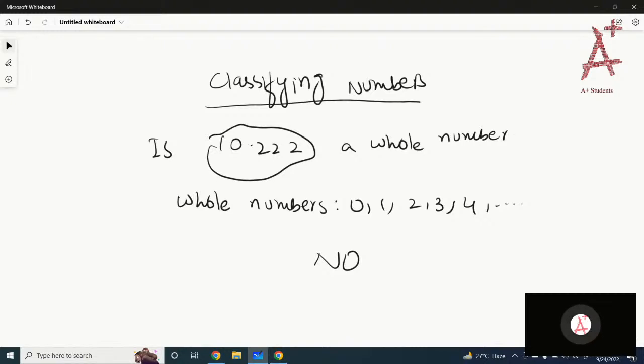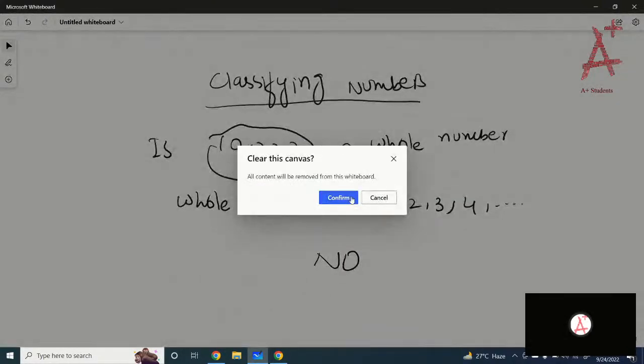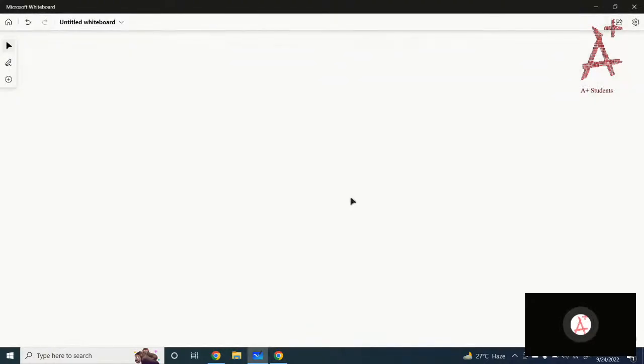Okay, then you have the natural numbers. So the natural numbers are also the counting numbers, but 0 is not a natural number. You don't have 0 in the natural numbers. Got it? So the next one is: is 1 by 7 a natural number?